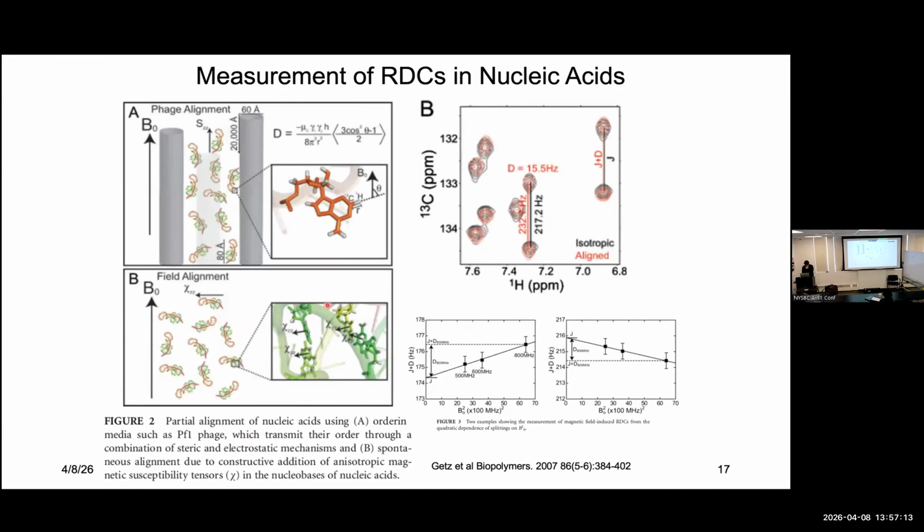But again, here are the two mechanisms of alignment. We mentioned phage at the top, but we also have magnetic alignment. Here I'm showing you the chi tensor, which is called the susceptibility tensor, denoted by a chi symbol. Every little base normal has a little chi susceptibility tensor, which just means that if placed in a magnetic field, that chi can become a little mu, which is a magnetic moment, so it interacts with the field.